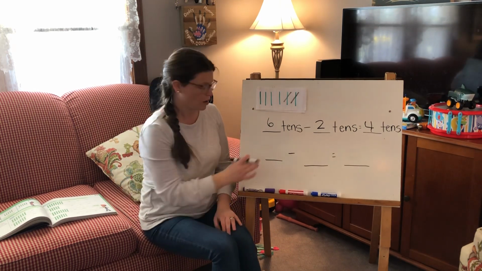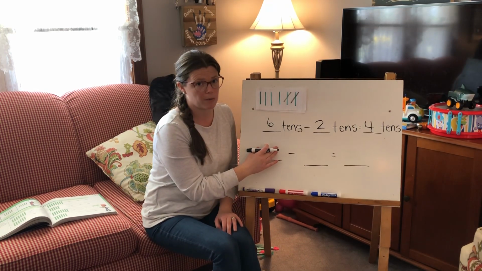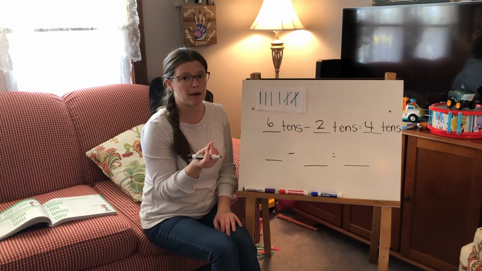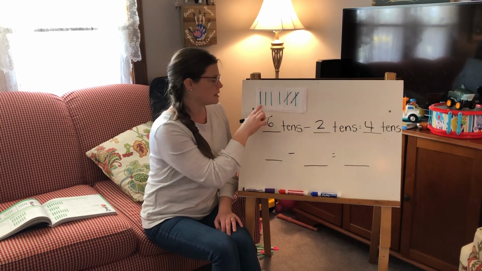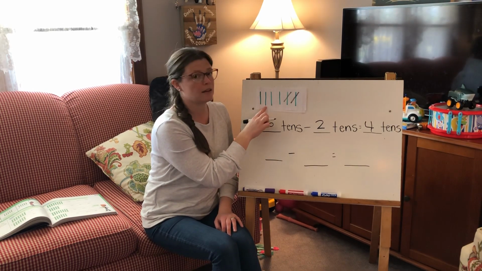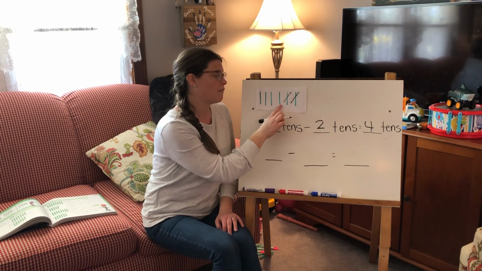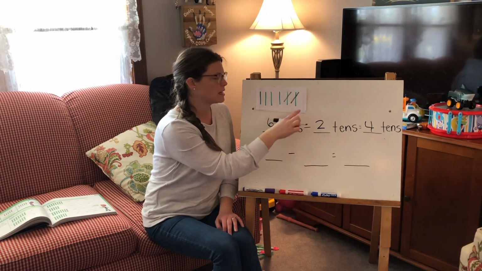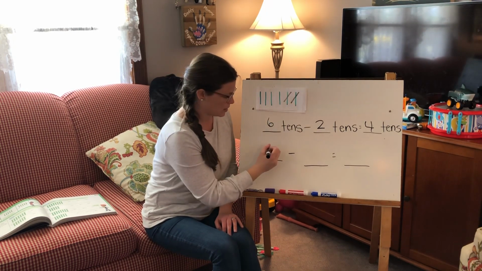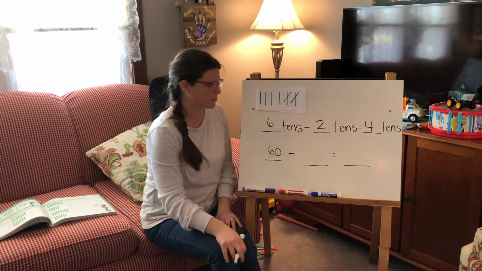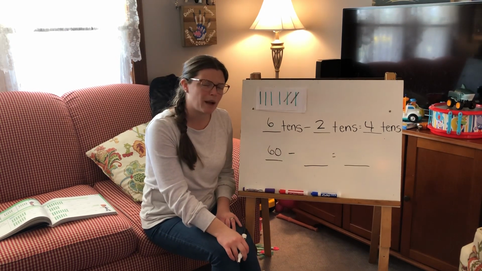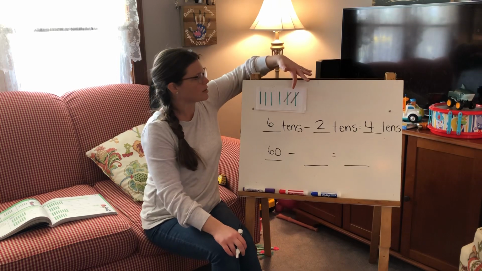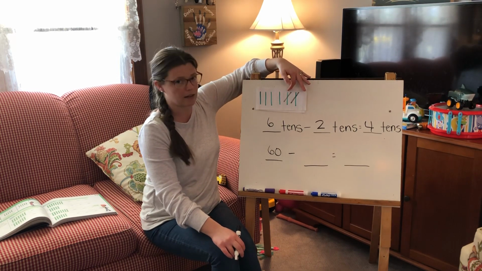Okay, so now we're going to work with the real numbers down at the bottom. So we're going to count by tens. Are you ready? 10, 20, 30, 40, 50, 60. So we have 60. How many got taken away? Ready? There's 10, 20.